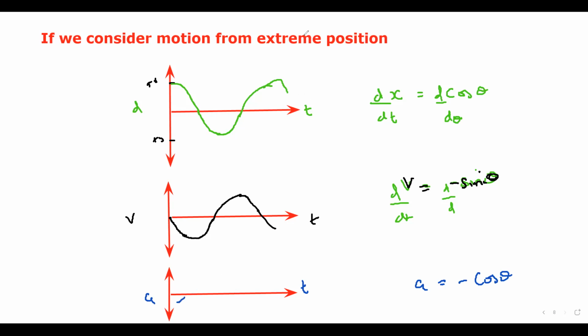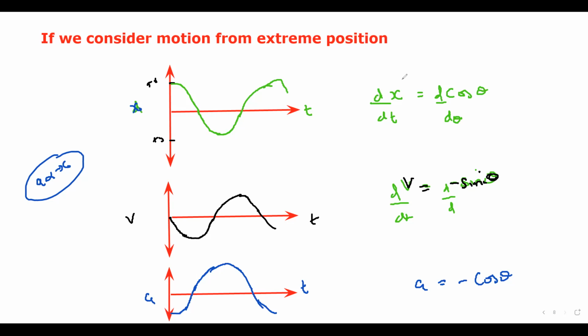And it is obvious that for a simple harmonic motion, the acceleration and displacement are directly proportional. So the displacement time graph and the acceleration time graph should be mirror images of each other. So this is minus cosine, minus sine, and cosine.